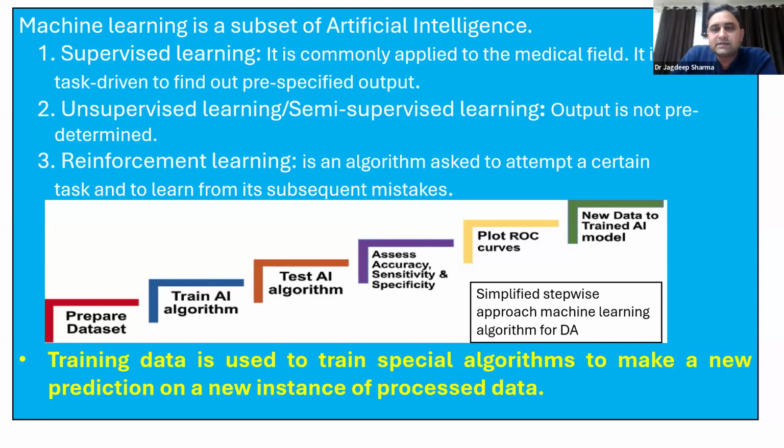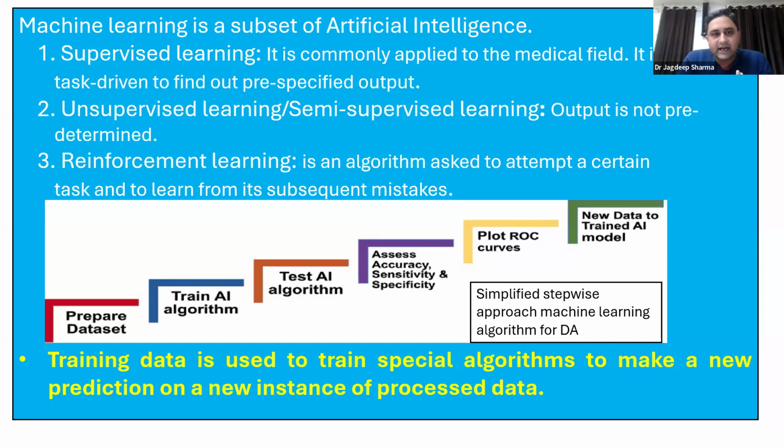So this is the simplified stepwise approach to a machine learning algorithm for difficult airway. First of all, the data set is prepared along the lines of demographic data, anthropometric data, and clinical evaluation, and then the algorithm is trained on this training data set.